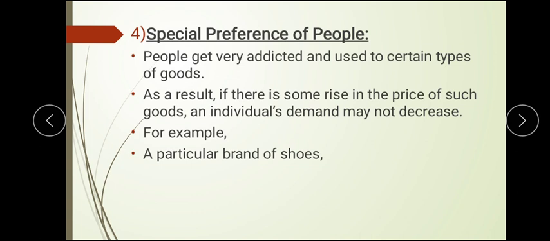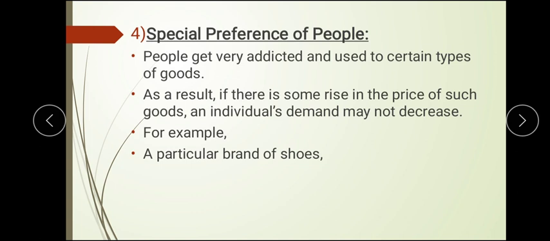For example, a particular brand of shoes. When you go to purchase shoes, if you have fixed in your mind that you want to purchase a shoe of the Nike brand only, you will go with Nike no matter what the price is. Even if after a month the price rises, you still purchase it. So you have made your preference addictive, or we can say you decided that you want to go with this particular thing only.